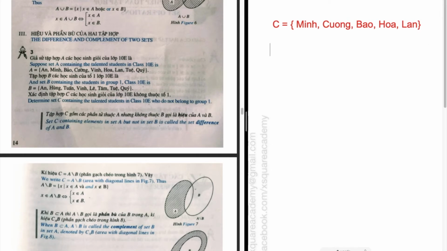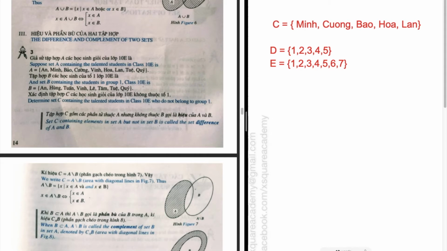Now for example, set D contains 1, 2, 3, 4, and 5, and set E contains 1, 2, 3, 4, 5, 6, 7 in curly brackets.